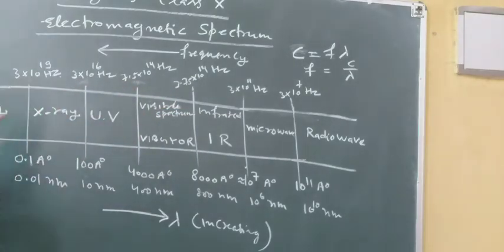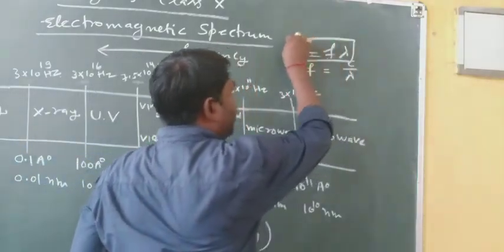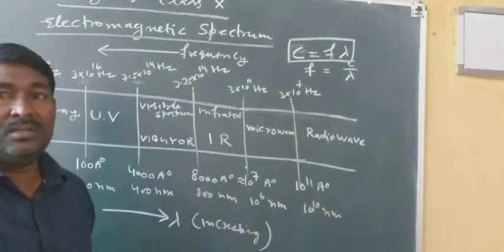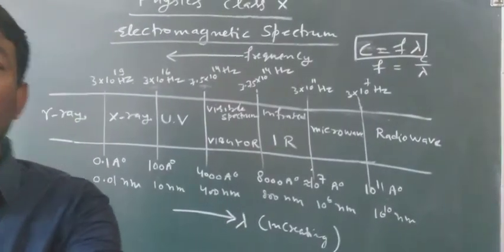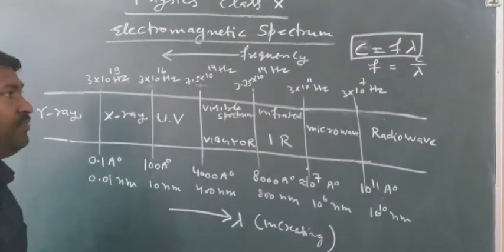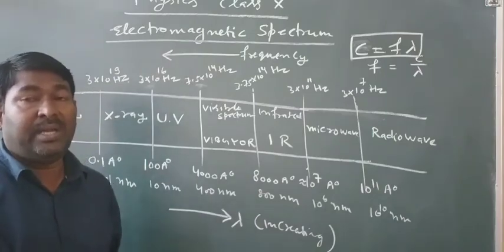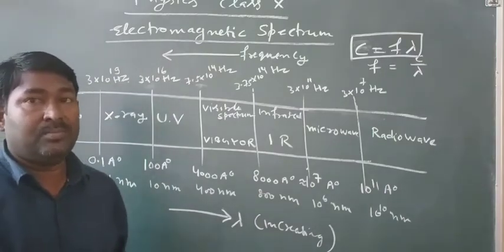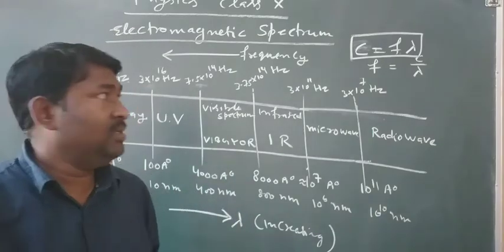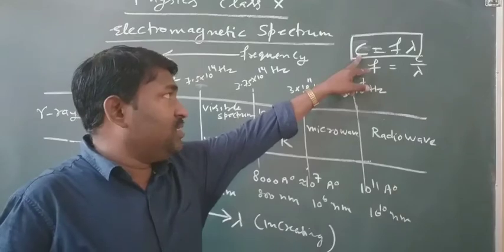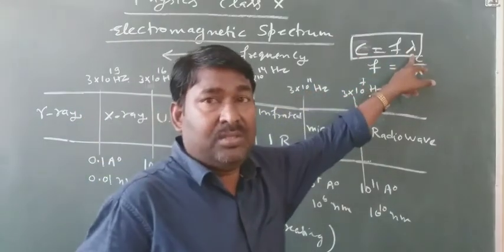Now just see one more thing. c is a constant value, the speed with which light travels in air. One more thing you need to take care of: when light enters a medium and disperses, its speed may change. If the speed changes, the wavelength will change.